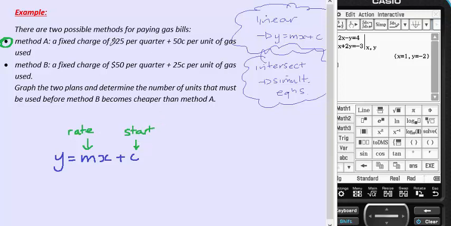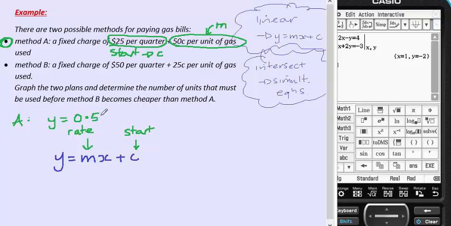Now here it says I have to pay $25 per quarter, so every 3 months I'm paying $25. That's my start, so therefore that's my c. 50 cents per unit of gas, that's my rate. For every unit I need to pay 50 cents, so that's my m. So that means for method A, I'm going to have an equation of y equals 0.5x.